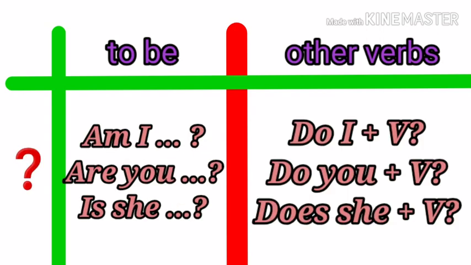And in question sentences as well, verb to be does not need any helper verb. So we put verb to be in the first place in a sentence. Am I? Are you? Is she? But with other verbs, we use auxiliary verb do or does. Do I? Do you? Does she? Or does he? Does it? Any third person singular.